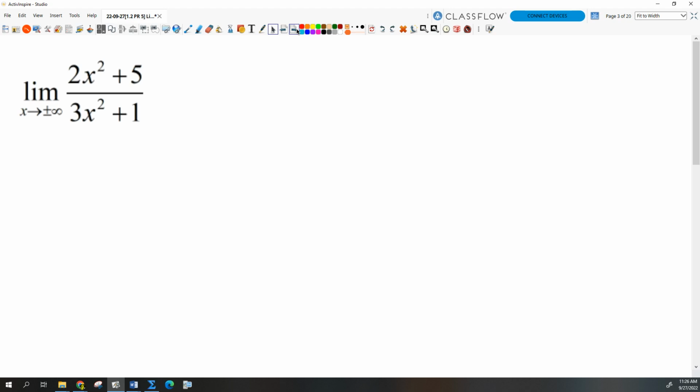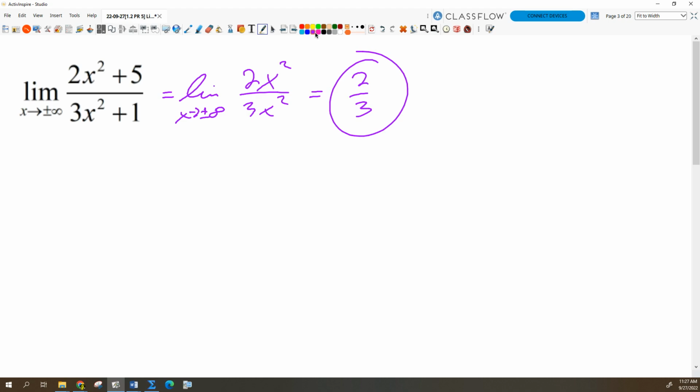You just get rid of the 5 and 1 because those are irrelevant. We could factor out an x squared from the top and the bottom like we did. We could easily do that, but we really don't need to. We could instead be really tricky about this and just say this is equal to the limit of the ratio of the leading terms, 2x squared over 3x squared as x approaches plus or minus infinity. Well, look, the x squareds cancel. So that's 2/3 and we're done.